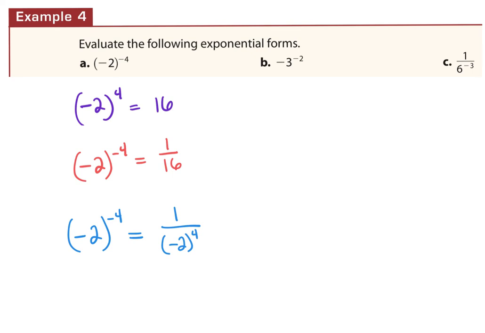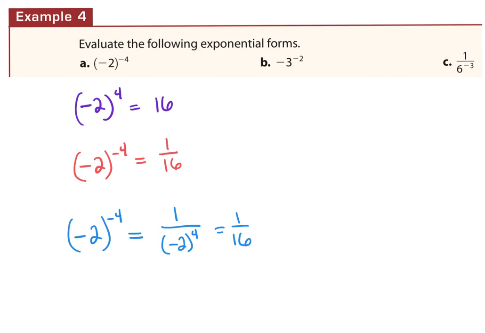And then I can say, what is negative 2 to the fourth power? Well, that is 16. So this is going to be 1 over 16. Okay? So you can do it two ways. You can either figure out what it would be to the positive power and reciprocate it, or you can reciprocate it first and then calculate it.